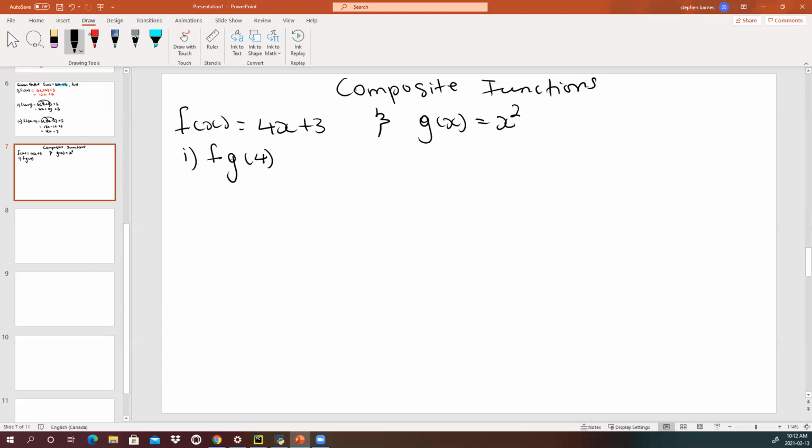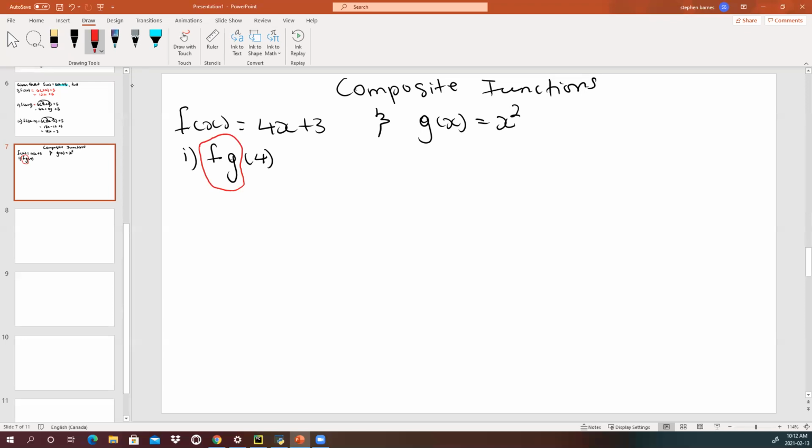So my preferred way is to define what the function for f of g would be. That is how I like to work it. Just like when you have f of x equals 4x plus 3, I like to find the function. What is that expression for f of g?